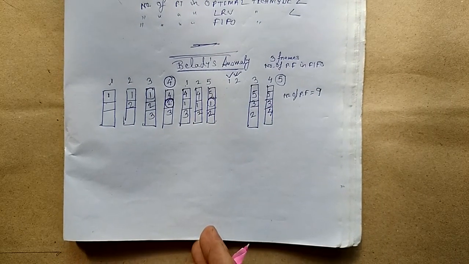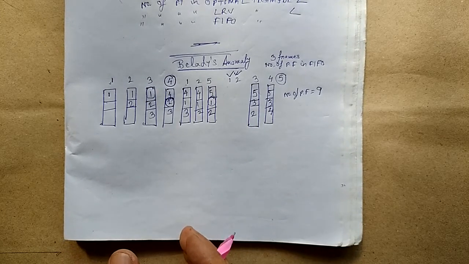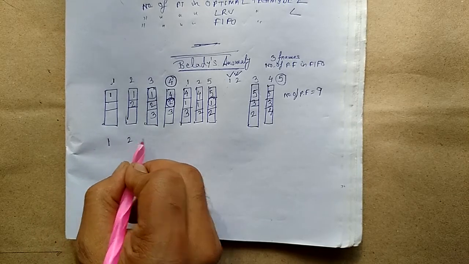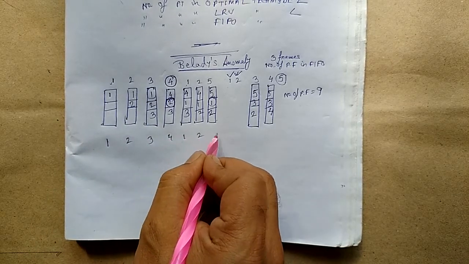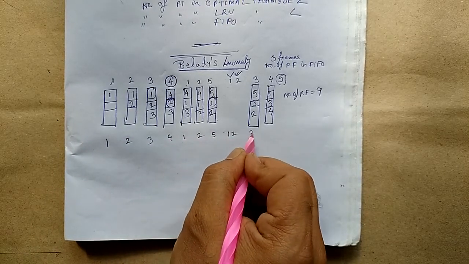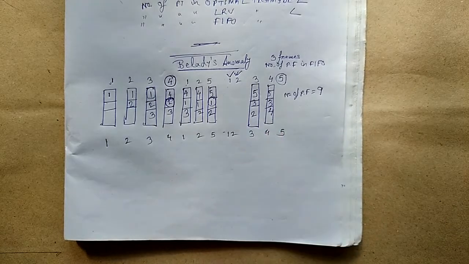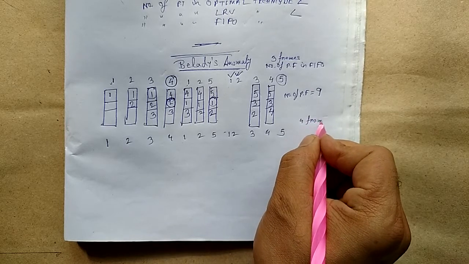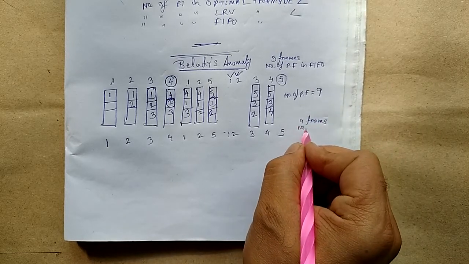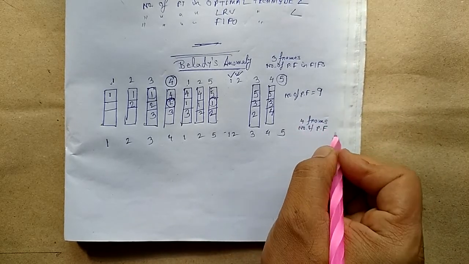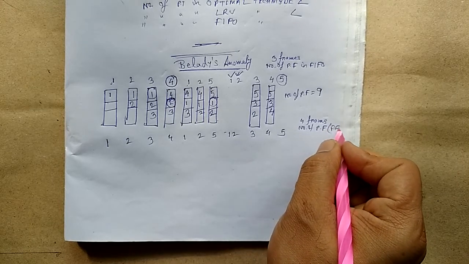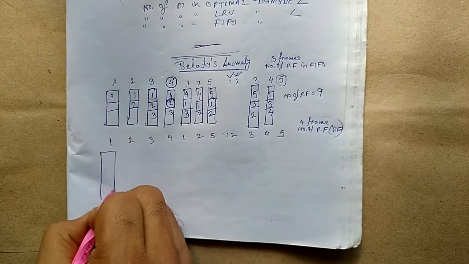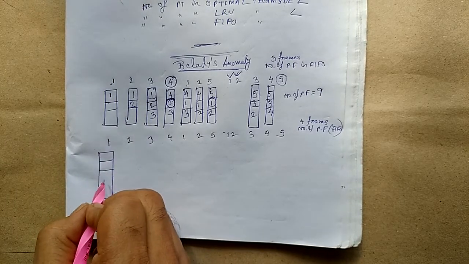Now consider this similar page reference string, and now we are given 4 frames. Now we have to calculate the number of page faults in FIFO. So 4 frames means there are 4 frames.